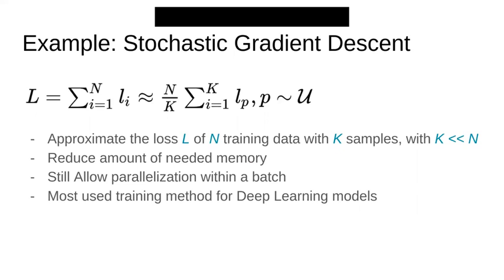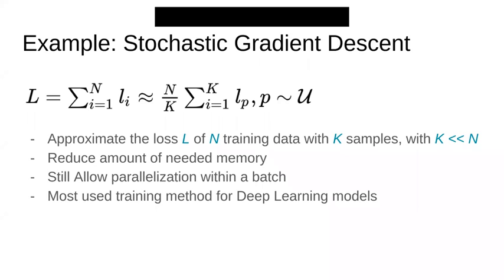We select k samples, what we normally call a mini batch, and we compute the loss only on this mini batch, which means that we have an estimation of the loss with some increased variance, but we can reduce the amount of memory needed because we don't need to compute the loss on the entire training data, but just on a subset.